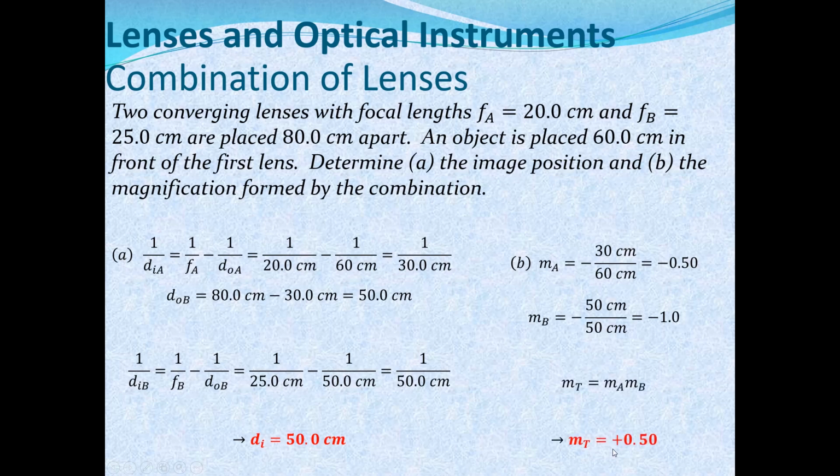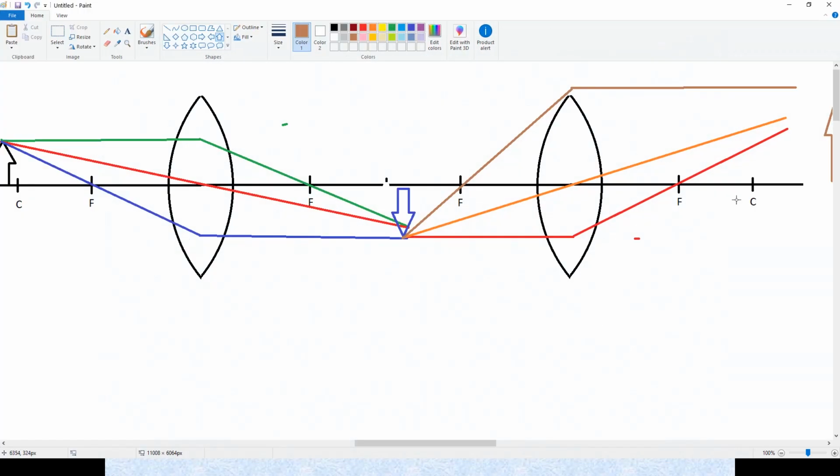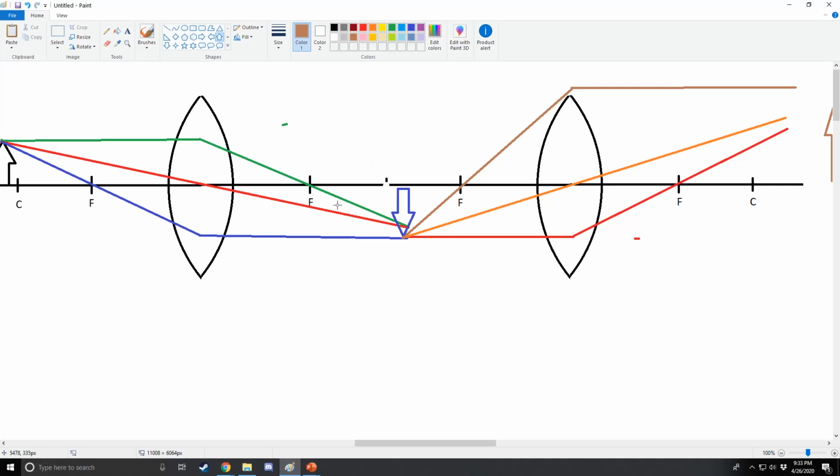When we multiply them, we get positive 0.5. So I did get the positive part. Didn't really get the whole smaller part, but that, like I said, is mostly attributed to the fact that this arrow is really close compared to what it should be. This should be a little bit further away from this lens, and this should be a little bit further away, and all these other things.